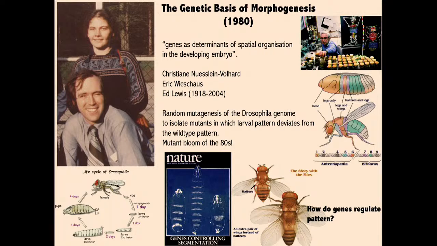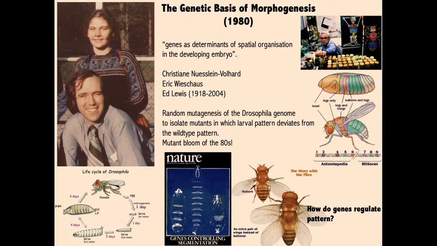This alerted them to the fact that mutations can actually affect pattern. Through this type of experiment, they deduced that the genes in which those mutations were found were somehow important for the elaboration of this pattern.